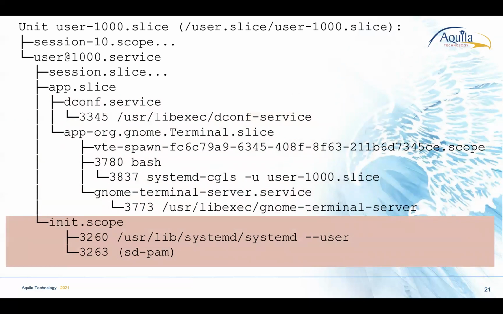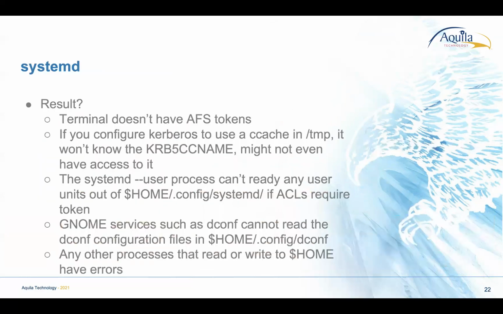This is a process that's launched as a product of the systemd user PAM stack. So everything underneath that was in the user at 1000 scope that didn't have any AFS access.